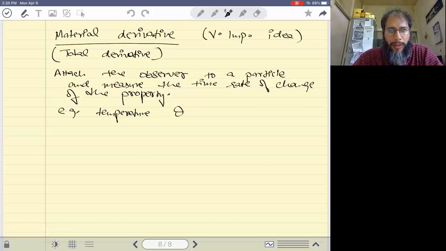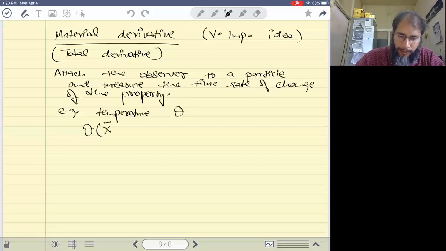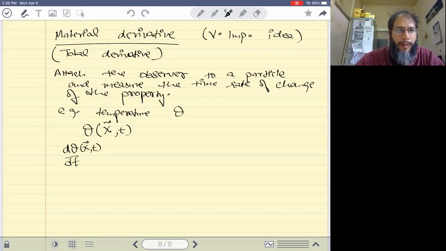There is a time rate of change of temperature, and that is called the material derivative of temperature for that particle. Okay. So if I write theta in the Lagrangian coordinates or Lagrangian description, then the material derivative is d theta by dt, where theta is written in terms of capital X and t.